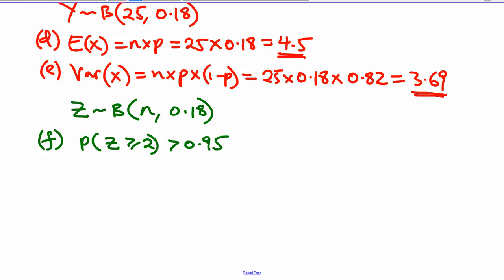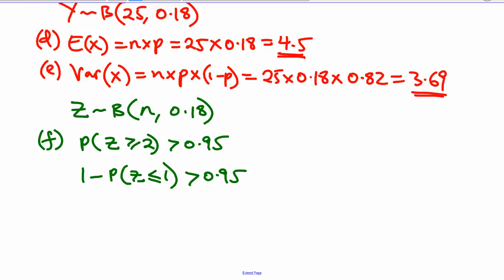I'm just going to change this statement to say 1 minus the probability Z is less than or equal to 1 will be greater than 0.95. I haven't changed it. It's only that if I change the left part that way, it will be easier for me to handle in terms of calculations.